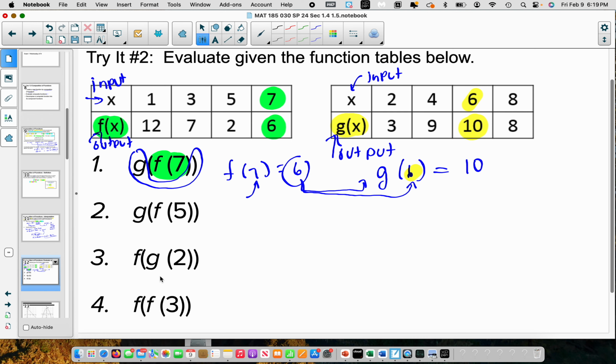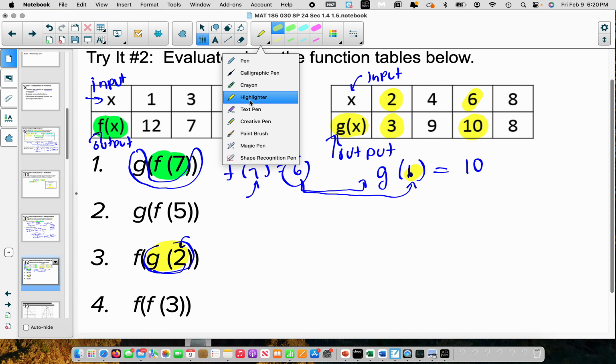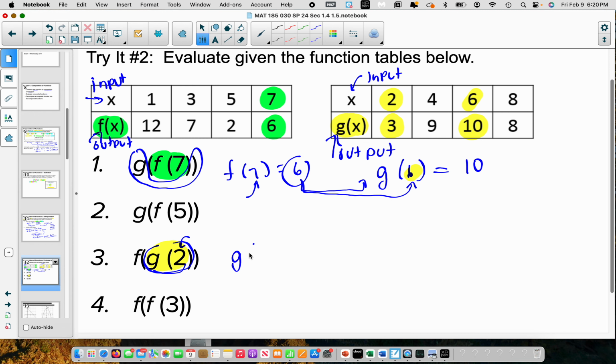All right, let's look at another couple here. This one underneath says I'm going to evaluate my g function when my input is equal to 2. So g of 2. Here's 2, my input, and I get an output of 3. So g of 2 is equal to 3. I input 2, I output 3.